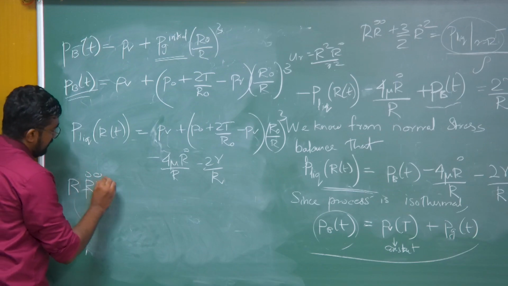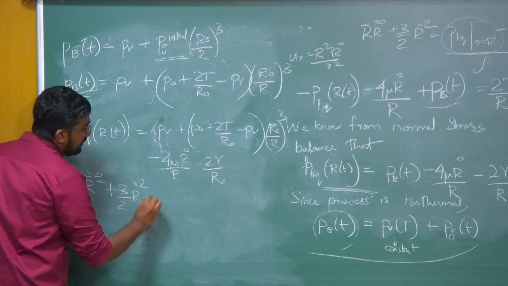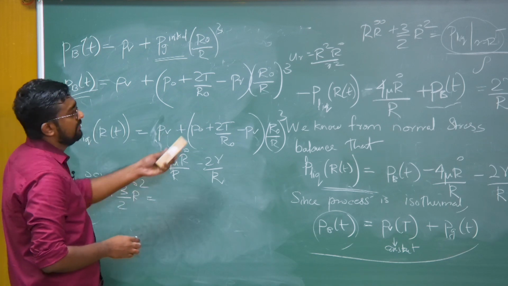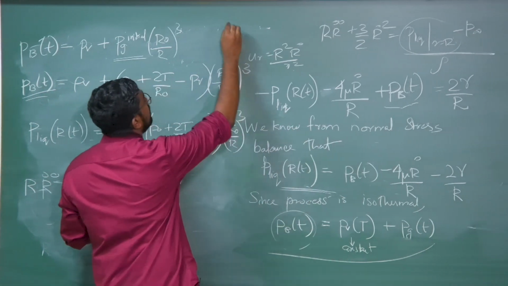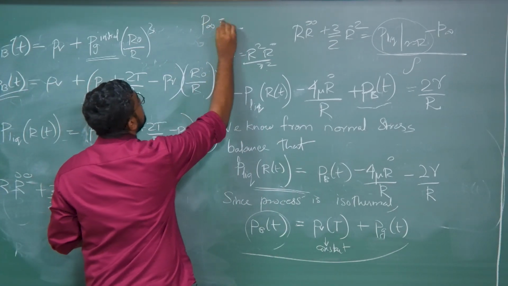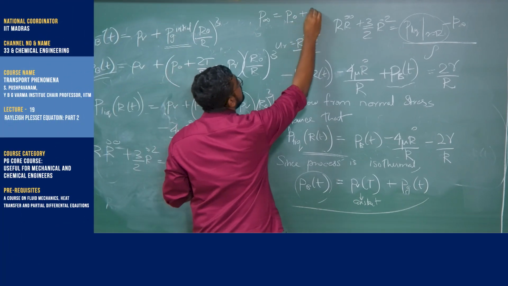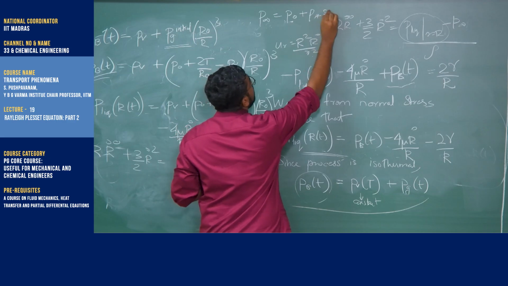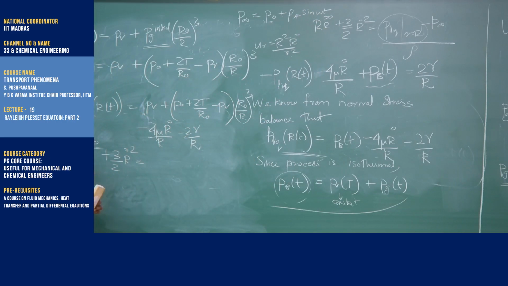R double dot plus 3 by 2 R dot square is equal to, so I will substitute this there. We know P infinity is, so in the initial problem definition we had it as ambient, equilibrium pressure plus Pa sin omega t. That was the far field pressure at any given time.